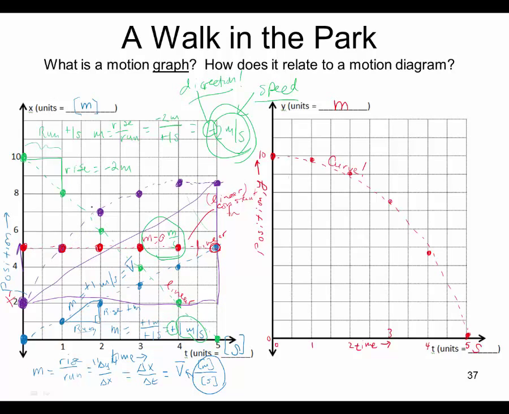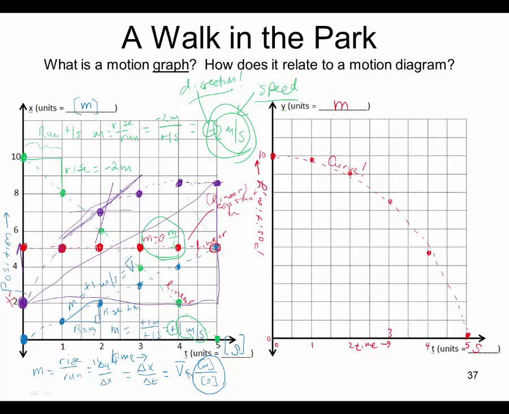Or I could take any one of these points and say, all right, what's the slope at this point in the middle here? Well, the slope isn't this, and the slope isn't that. It's somewhere between. It's along here. And of course, it'd be nice if I had a ruler I could use. What we could do is take a ruler and balance it on this curve, so it's evenly spaced on the left and the right side of this point.